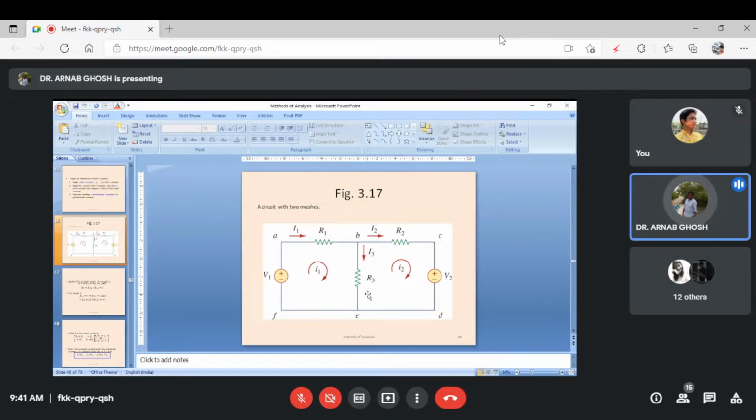So the voltage across R3 will be (small I1 minus small I2) multiplied by R3. Right? And the current through capital R2 will be only small I2. So the voltage across capital R2 will be small I2 multiplied by capital R2.